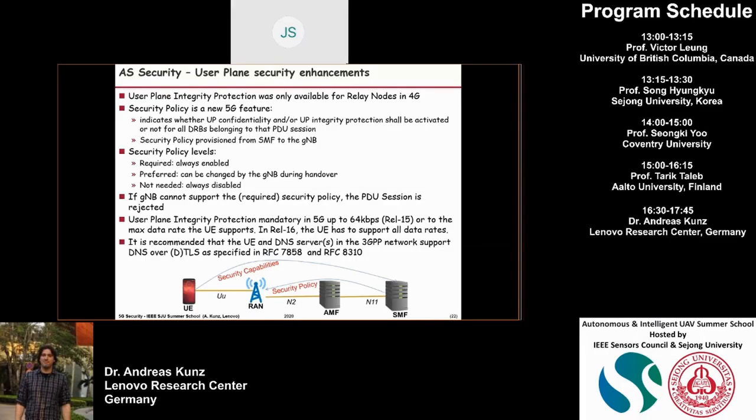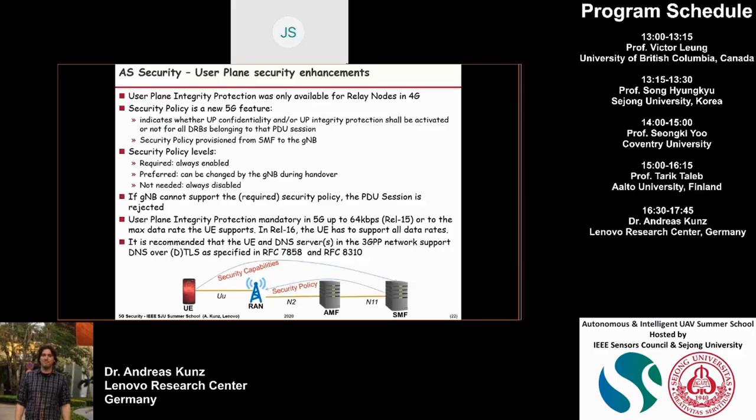The problem is if the G-Node B cannot support the required security policy, then this specific PDU session is rejected. And user plane protection was mandatory to support in 5G, but we had only two code points, like 64 kilobit per second, or the maximum data rate the UE supports.